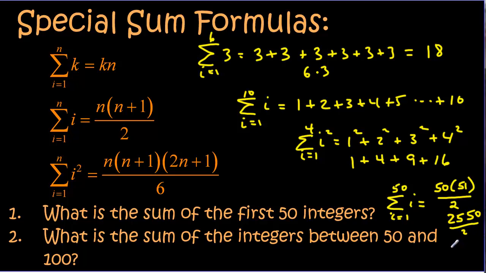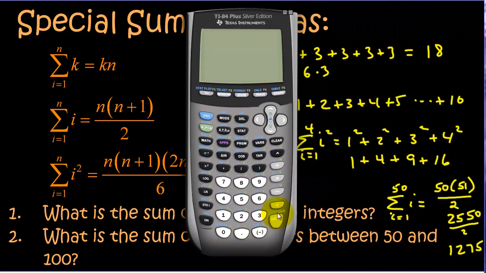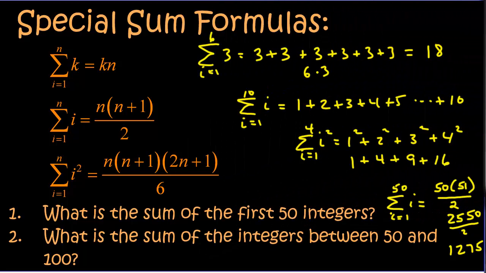So if we divide that, we get 1275, if I did my math right. Let's just double check. My brain is not working well here, so let's check that. 50 times 51 here, and divide that by 2. And yes, I did that right, 1275.